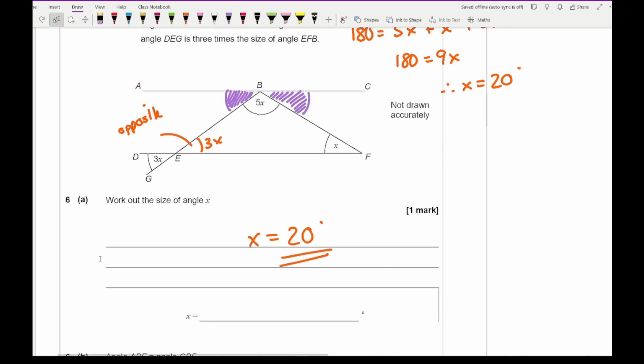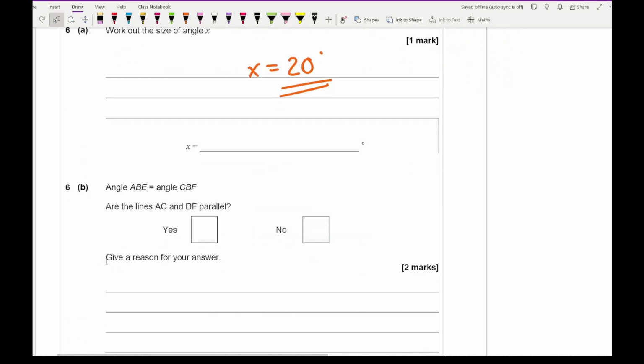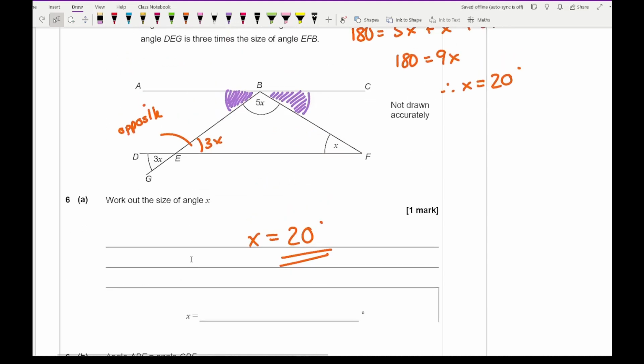And the question is asking, is AC, so this line here, parallel to this line here.